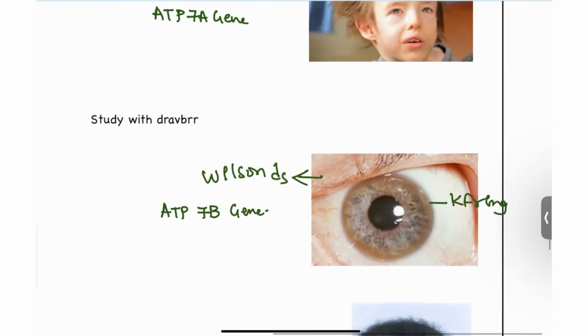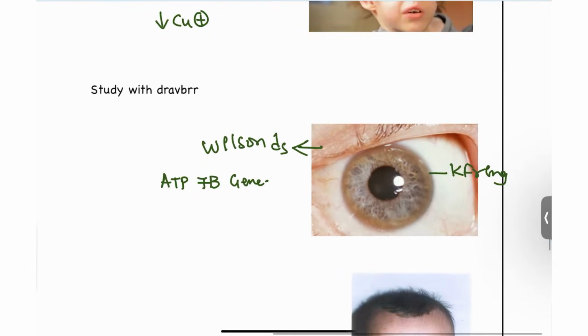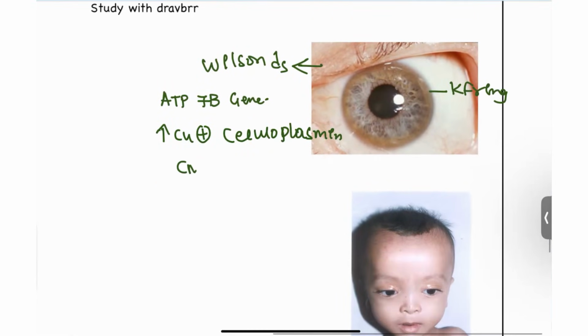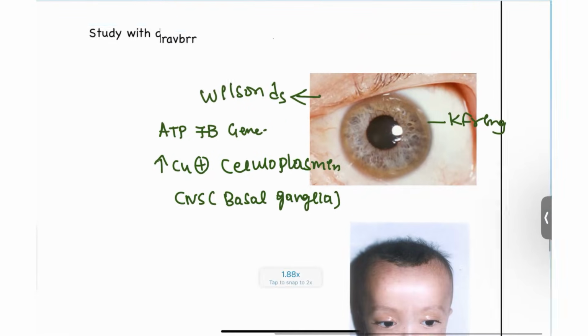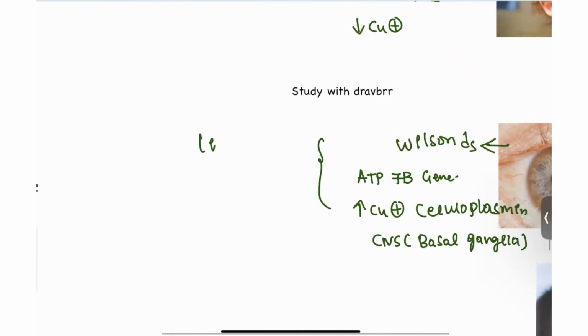In Menkes disease the copper is decreased, whereas here the copper accumulates, with ceruloplasmin playing the major role. It involves the CNS, the basal ganglia, and ultimately this patient will have liver failure. Cirrhosis is seen in this patient.